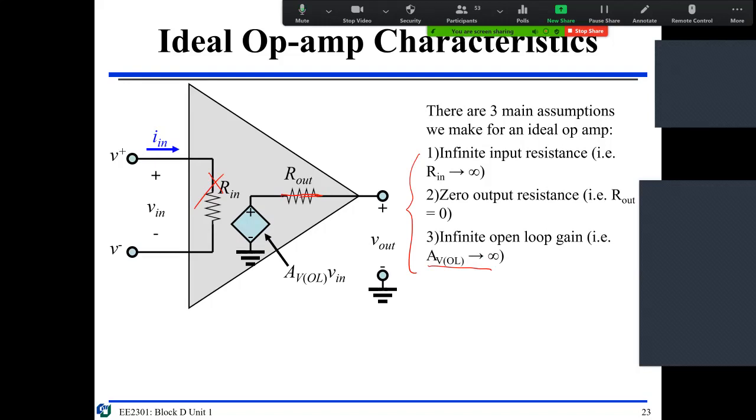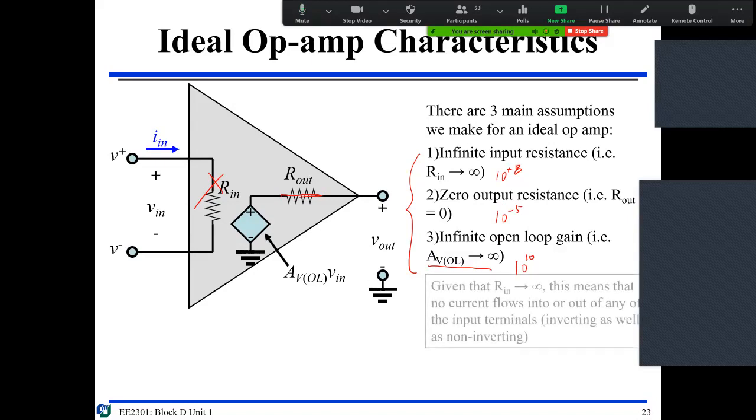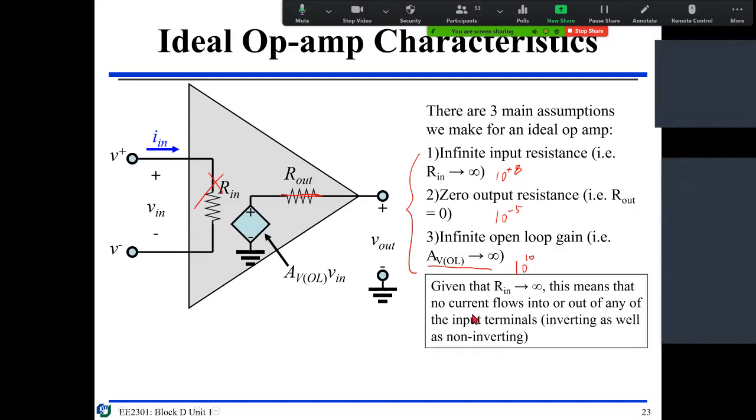But practically, this is a very small value, like 10 to the power minus something. This is 0. No. So you should just have plus or minus, 10 to the minus 5, that kind of range. Very small. This is like 10 to the power 10, that value. So if you say R goes to infinity, that means no current flows into or out of this.